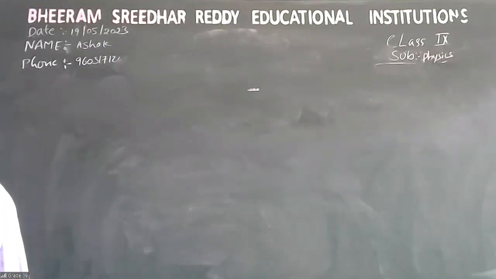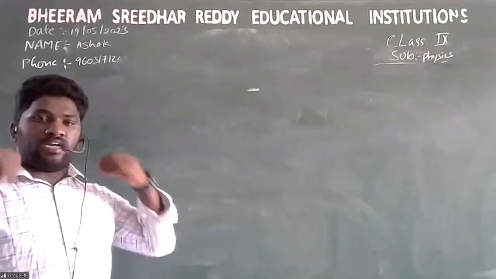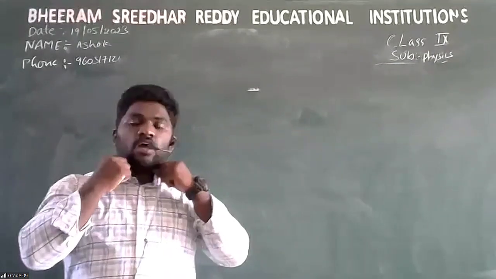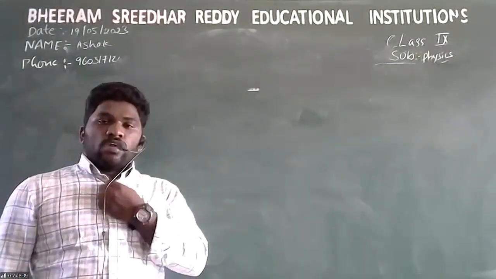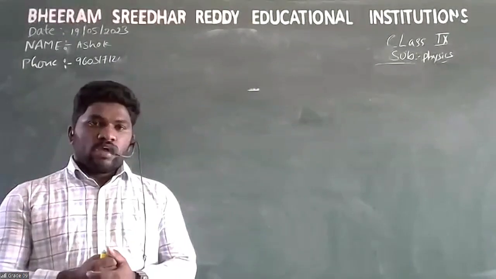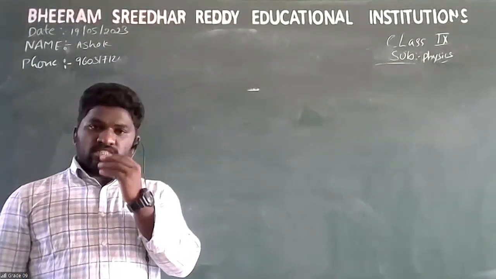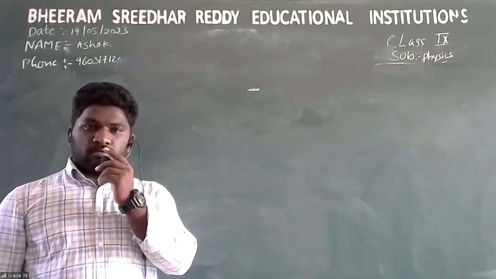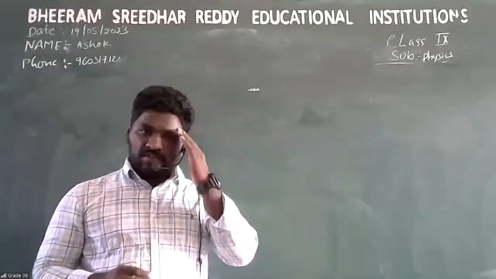Look at here. Today we are going to learn another concept in relative motion. One of the most important concepts is the river boat. Until now we have completed the concept of relative velocity in one-dimensional motion and relative velocity in two-dimensional motion.